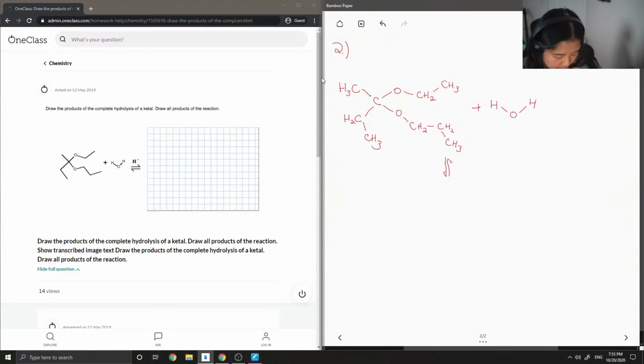So basically when you have a ketal reaction, I'm going to draw out the bonds that are breaking, and everywhere that there was an ether group is now going to become an alcohol. So let me pretend this bond broke first, and then I'll write out the first products that you would get if this bond were to break.